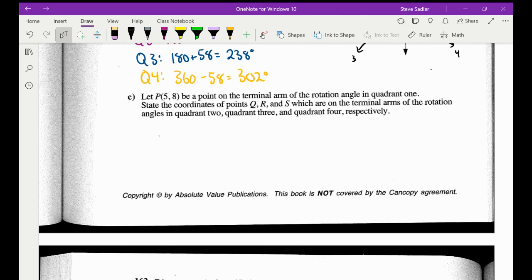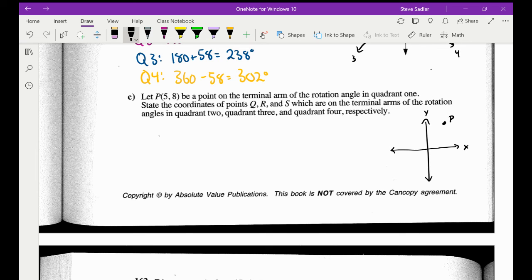Let (5, 8) be a point on the terminal arm of the rotation angle in quadrant 1. So let's just draw a picture. I'm just a much better visual learner. So (5, 8) is going to be x = 5, y = 8. So that'll be P. Let P be a point on a terminal arm of the rotation angle in quadrant 1.